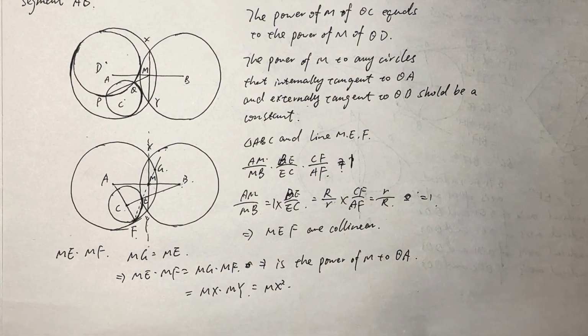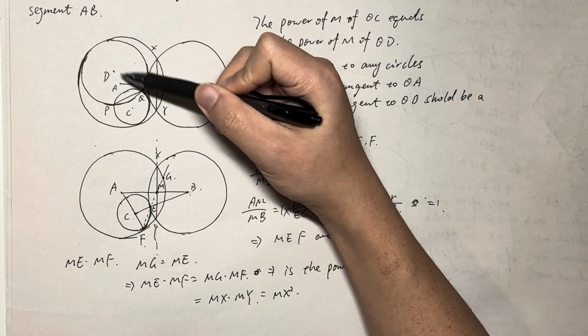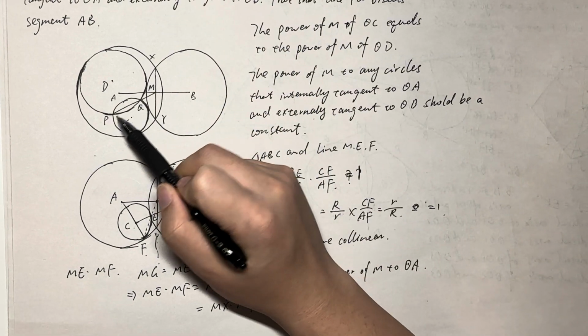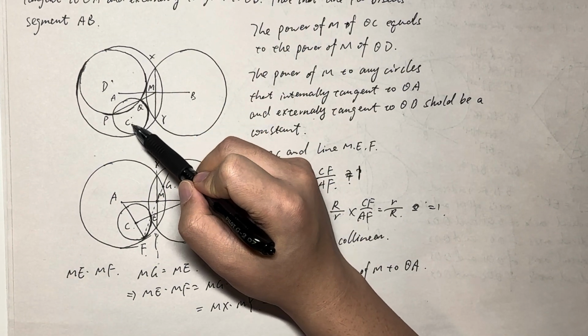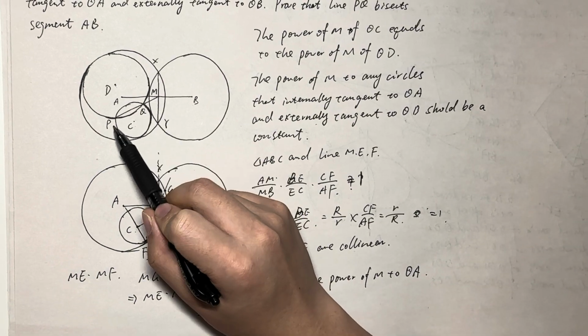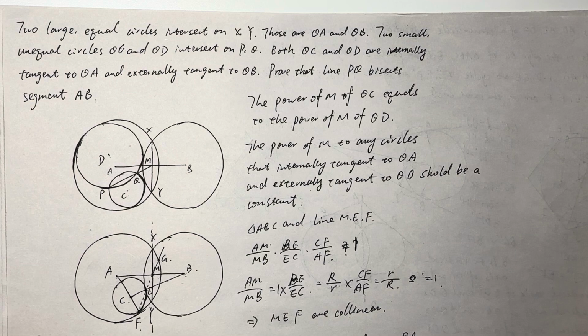All of the powers are equal, which means the power of M to circle C and circle D are equal, which means M is on the radical axis of circle C and circle D, which is line PQ, right? So PQ bisects segment AB.